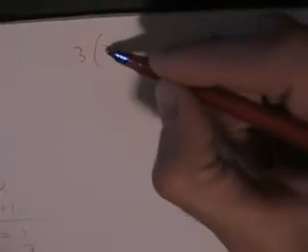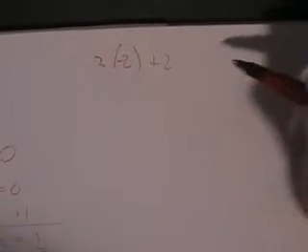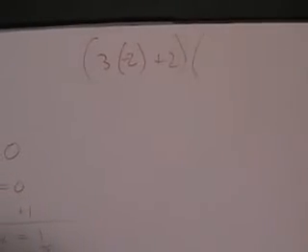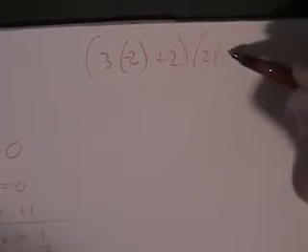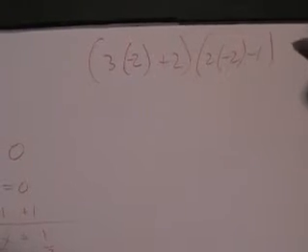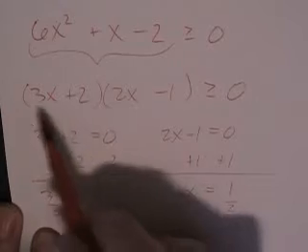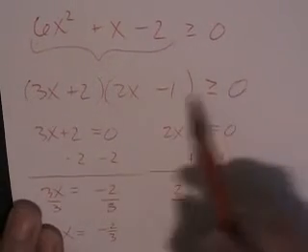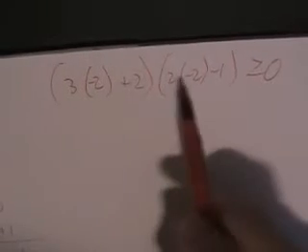So that would read 3 times negative 2 plus 2, times 2 times negative 2 minus 1, is greater than or equal to 0. Right? So all I did was rewrite this inequality, but instead of these x's, I plugged in these negative 2's.